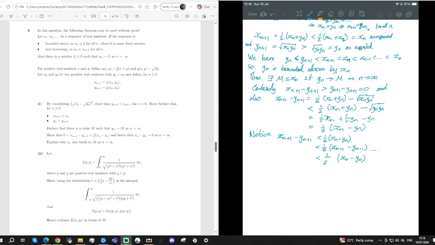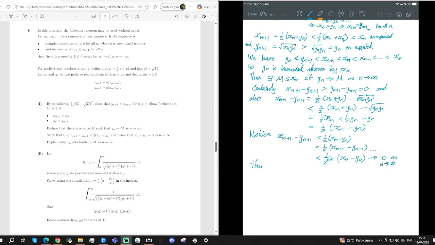How many steps have I done? I've had to do n plus 1 steps to get all the way down. So it's going to be less than 1 over 2 to the n plus 1 of a fixed value. x0 minus y0 is a known fixed value. But this thing tends to 0 as n tends to infinity.